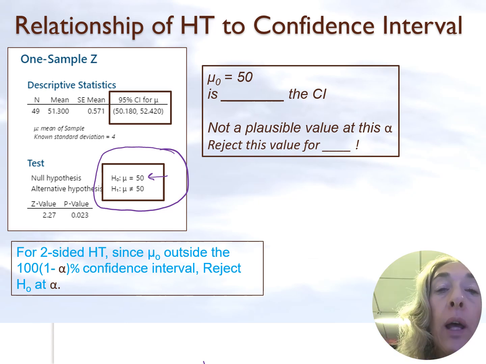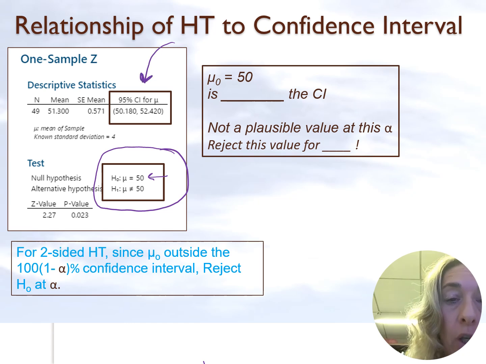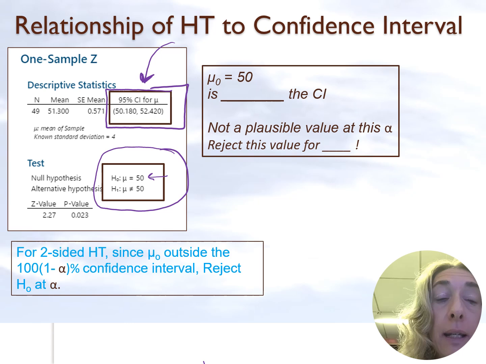Because hypothesis tests and confidence intervals are equivalent forms of inference, when you run a hypothesis test, you also calculate a confidence interval. For this hypothesis test, that is the corresponding 95% confidence interval for mu.